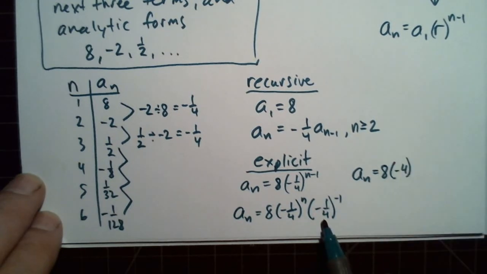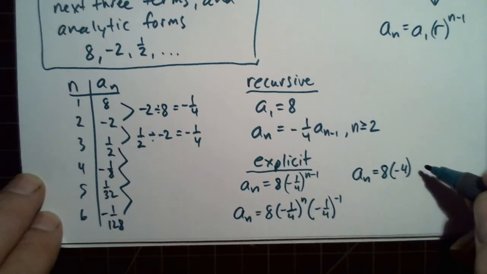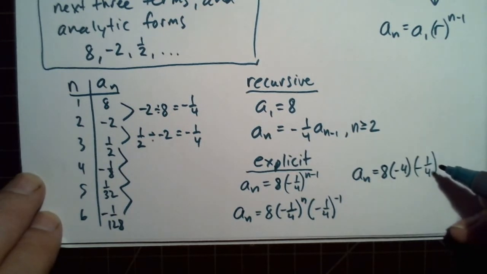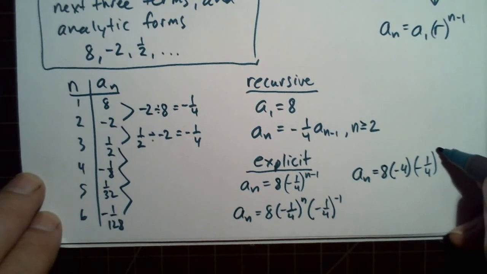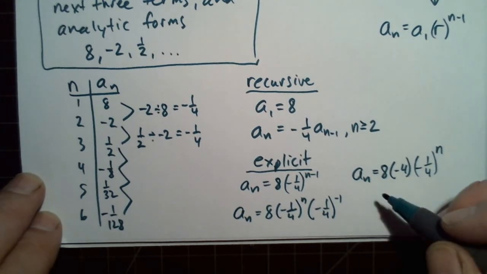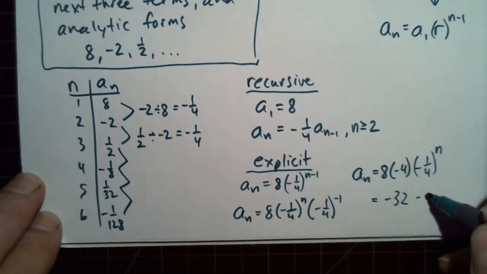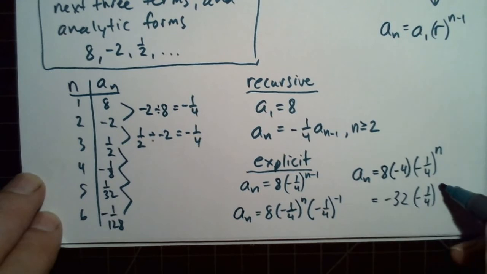The reciprocal of this is -4, and then just copy that. And we have -32 times -1/4 to the nth.